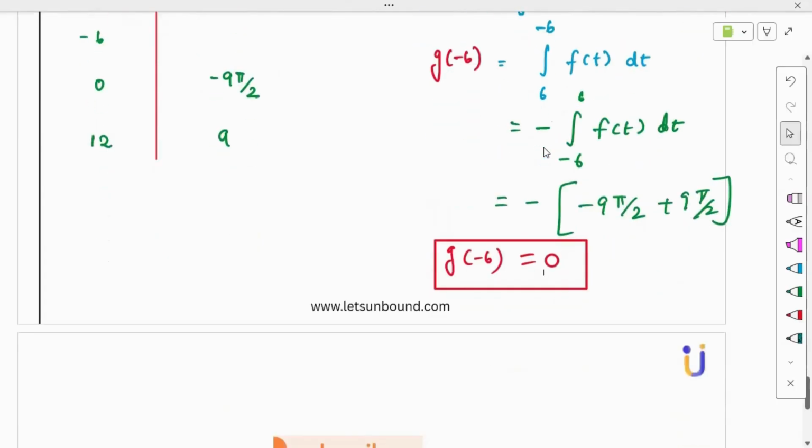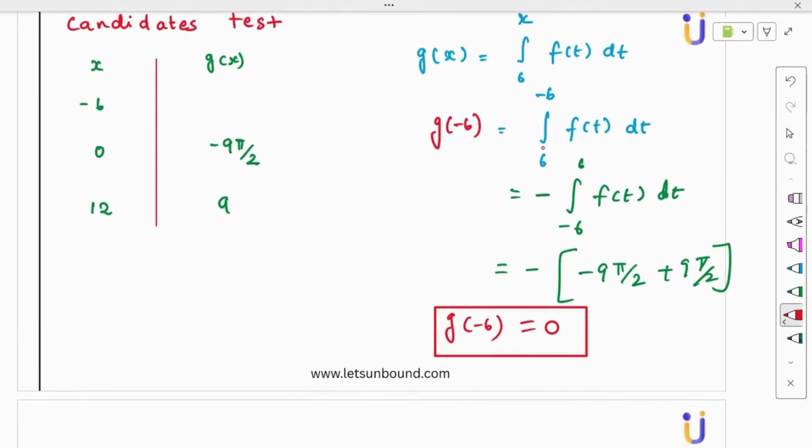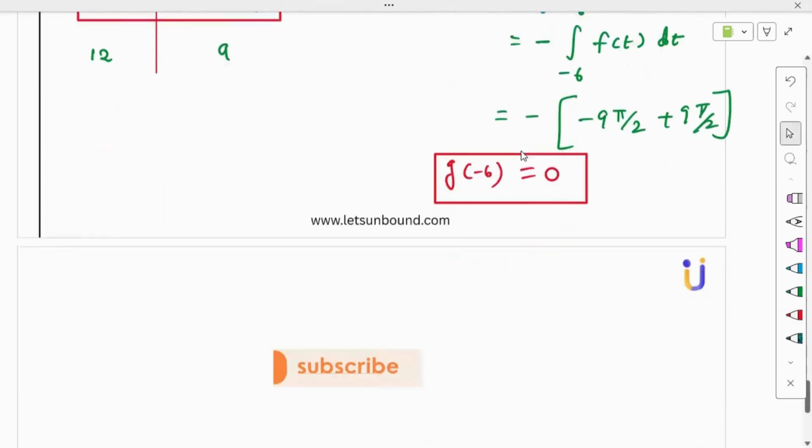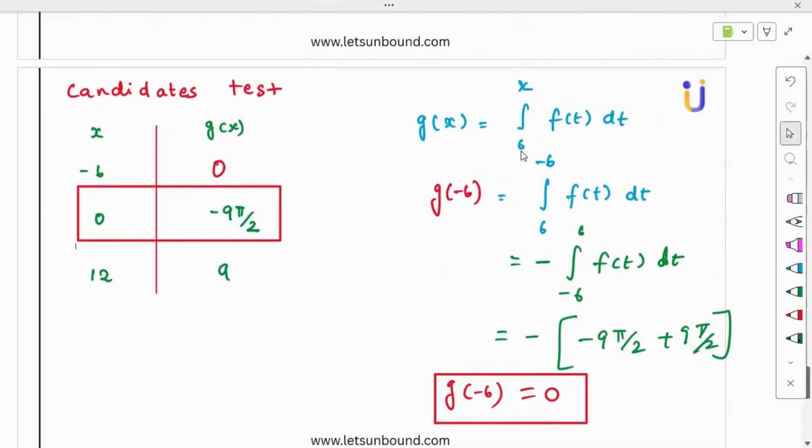Now we can conclude. What is our absolute minimum? Of all these values, the minimum is the negative one, so g attains its absolute minimum at x equals 0. Justify your answer: we did all the tests.